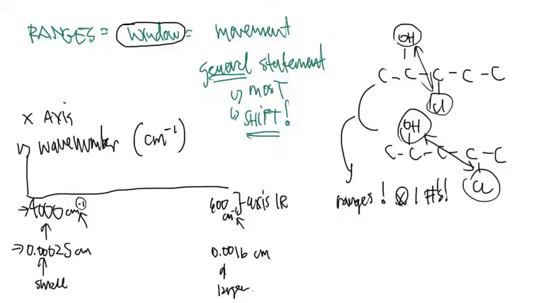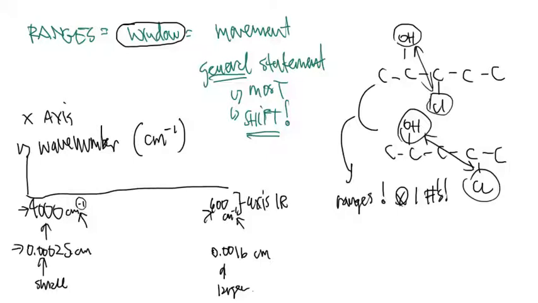The same thing happens here. 600 wave numbers is actually 0.0016 centimeter. This is a bigger number than that one, but when you take the inverse of it, it turns out to be a smaller number in terms of wave numbers.